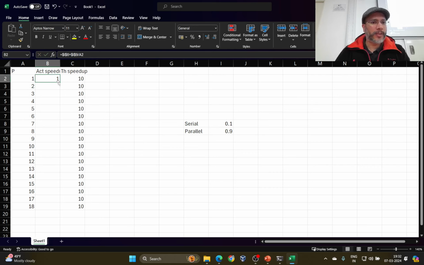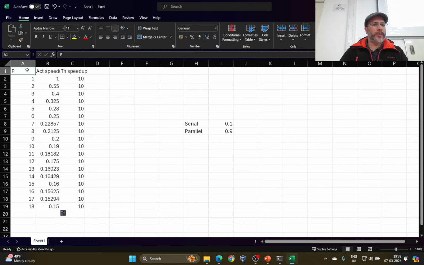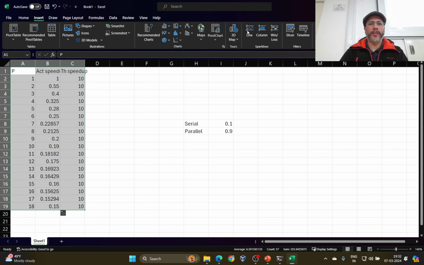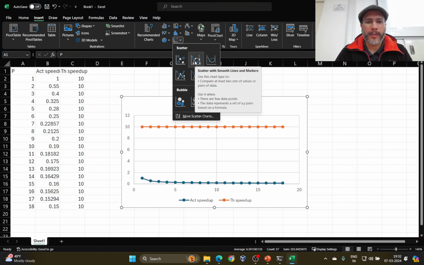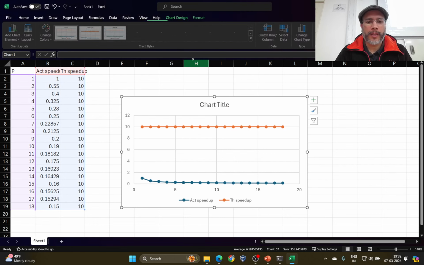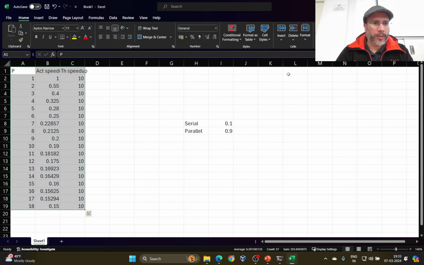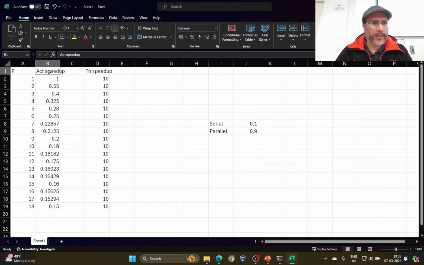So then you can just, and then we'll just plot these. Hopefully that should result in something interesting. Sorry, speedup is 1 divided by this, right? This is the time.